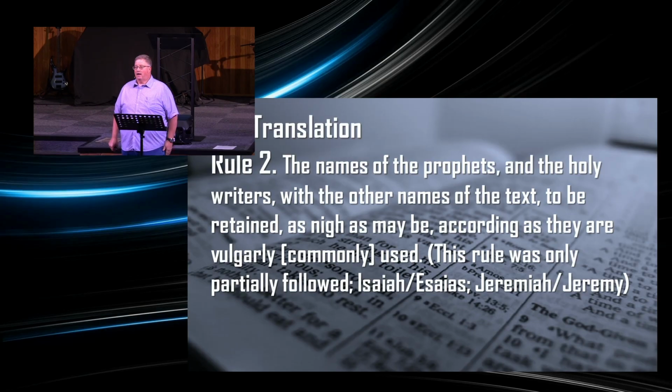It'd be really nice if they had, but sometimes your Bible says Isaiah, sometimes it calls him Esaias. Sometimes it calls the prophet Jeremiah, sometimes it calls him Jeremy. So they didn't do a very good job of following that rule. Whatever, we know who they're talking about.